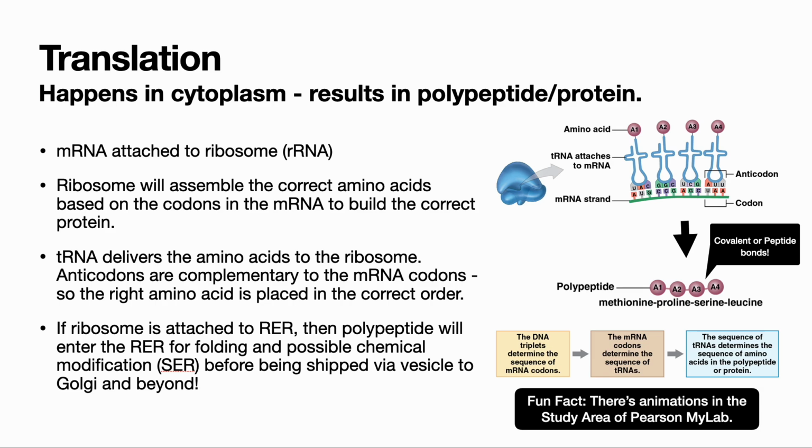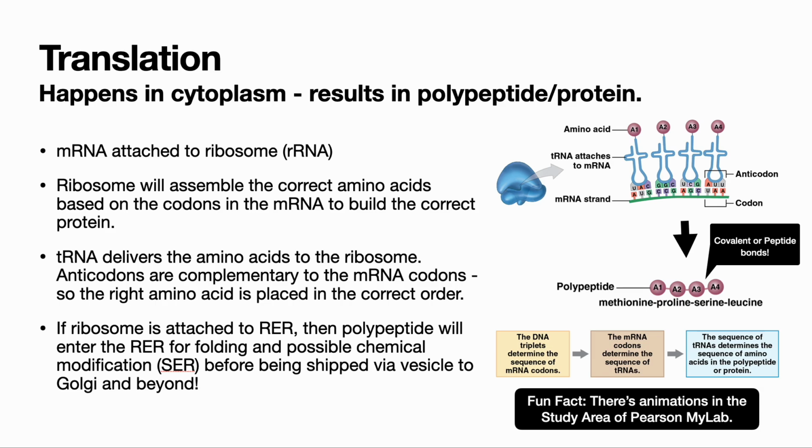The way the amino acids get to the ribosome and to the mRNA is because another kind of RNA called tRNA delivers them. So each tRNA is unique in that it will only hold one specific amino acid, and the amino acid it holds is the one that the anticodon codes for.